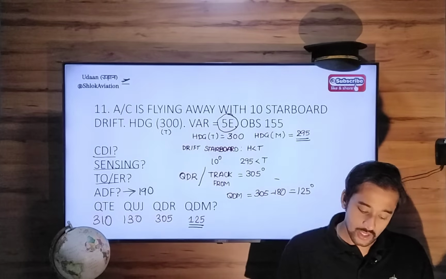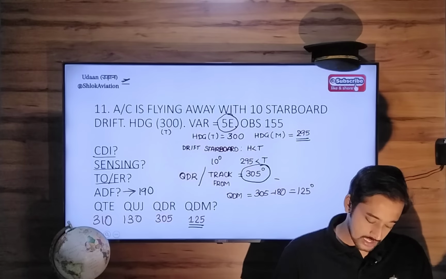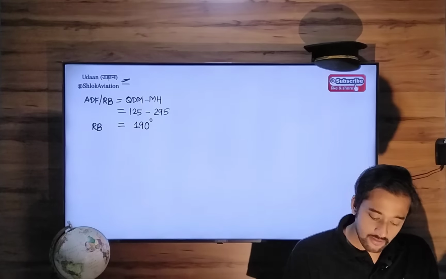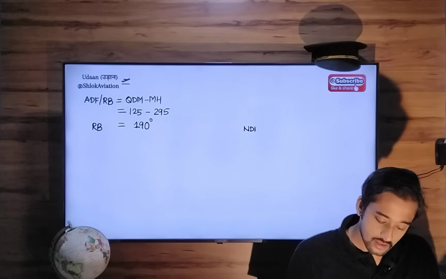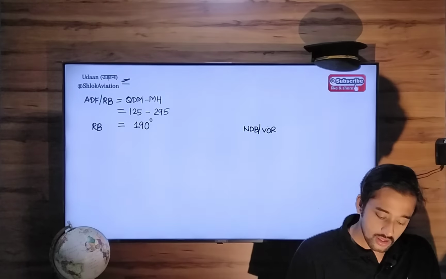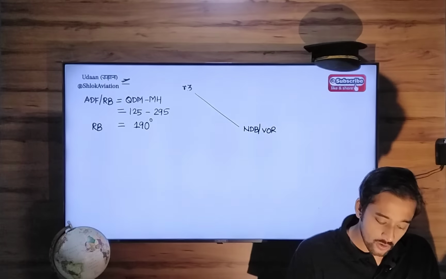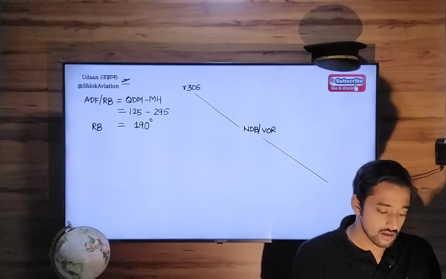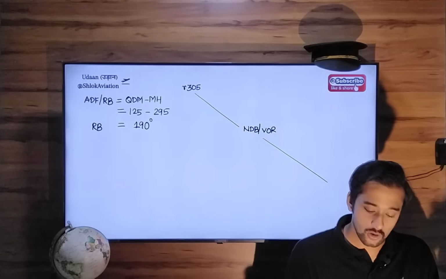Now the track, you are located on 305. Let's draw this. This is NDB VOR. You are located on radial 305, the reciprocal of which is 125.